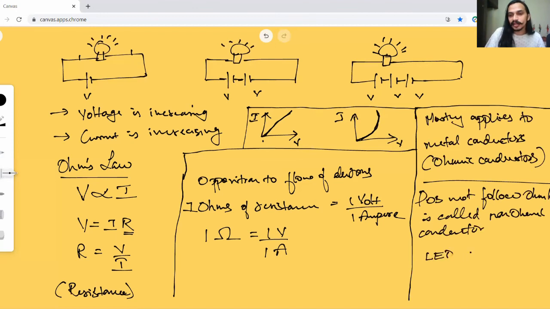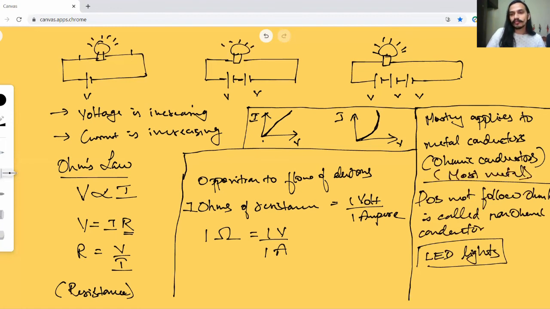Right, these little lights that shine quite bright. So LED lights do not obey Ohm's law. Even though they work on electricity, they will still not obey Ohm's law. At a certain point, that law breaks for them. So that's an example of a non-ohmic conductor. An example of an ohmic conductor is most metals.